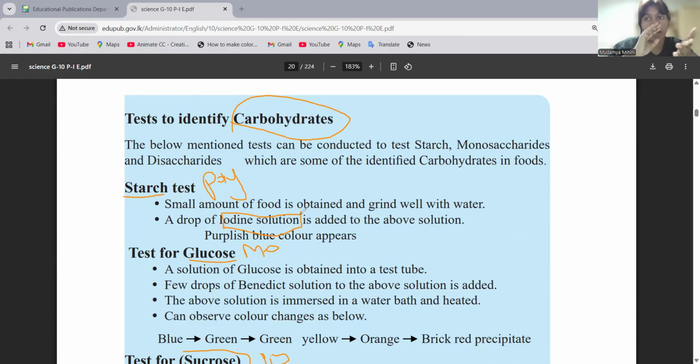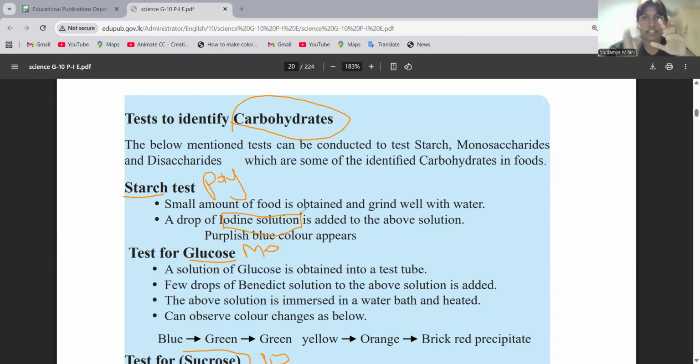You should grind it with water, not a very sticky part, just a bit of water, so we can identify it clearly. So after grinding a small amount of food with water, you can add iodine solution into it.